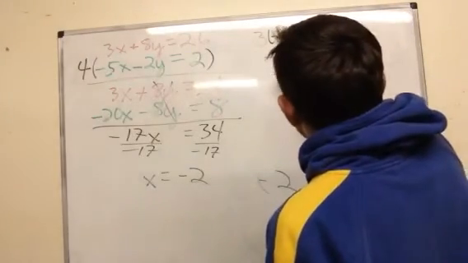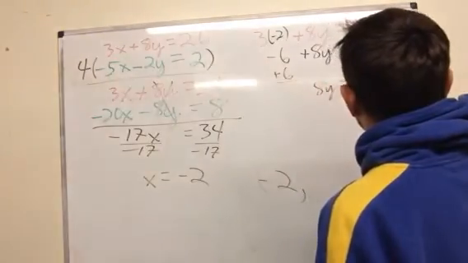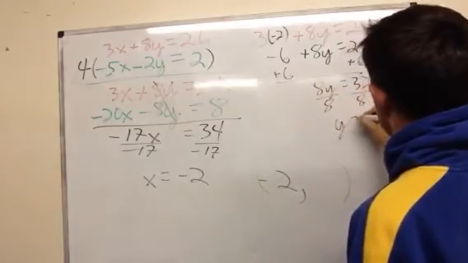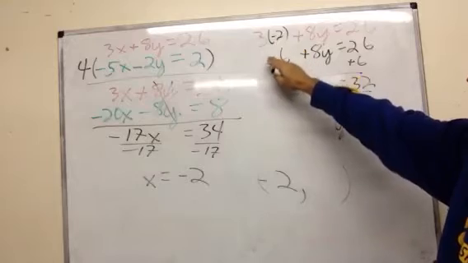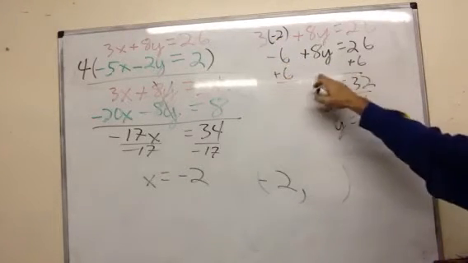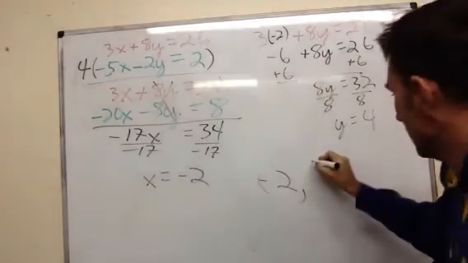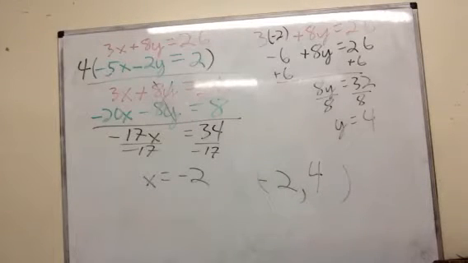Add my opposite. And divide. Substituted, multiplied through, added my opposite to both sides, divided both sides, I got y equals 4. So my solution is negative 2, positive 4.